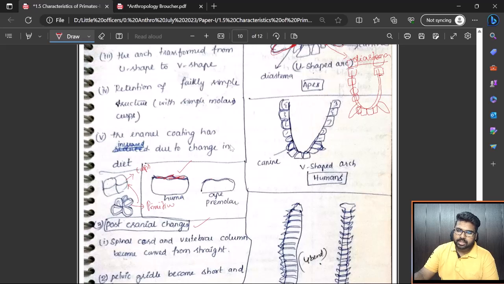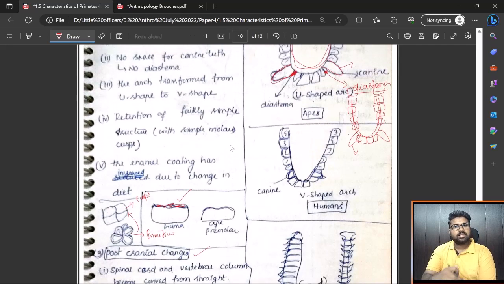Okay. In this way the dental formula and dental arcade are there. So U-shaped arcade, presence of diastema, and big canine. These are the 3 changes that we can see in the primitive animals, that is apes.